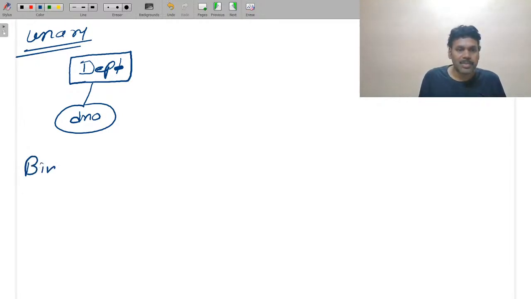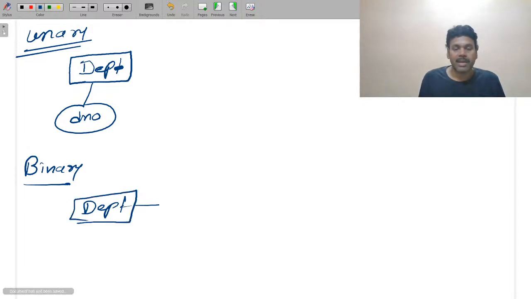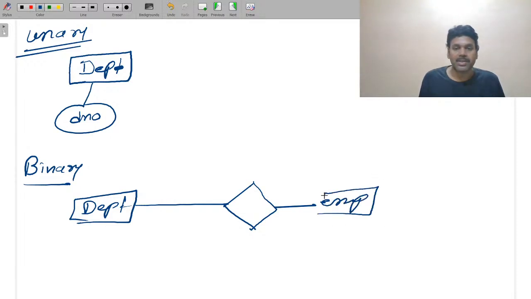If you are talking about binary, there is a department instance, which is having a relationship with others, an employee instance. This is called binary. Two instances are being used.